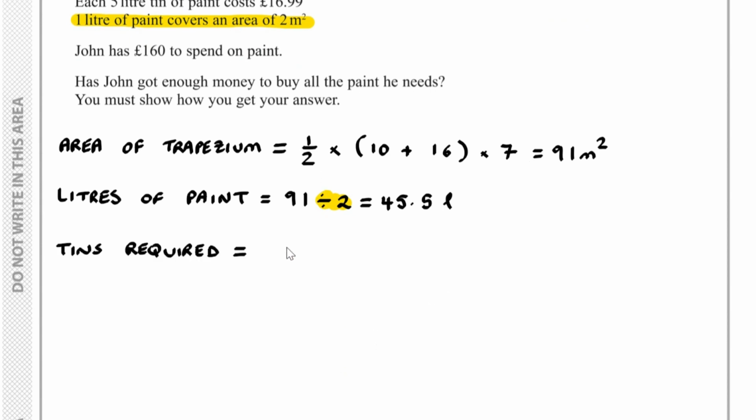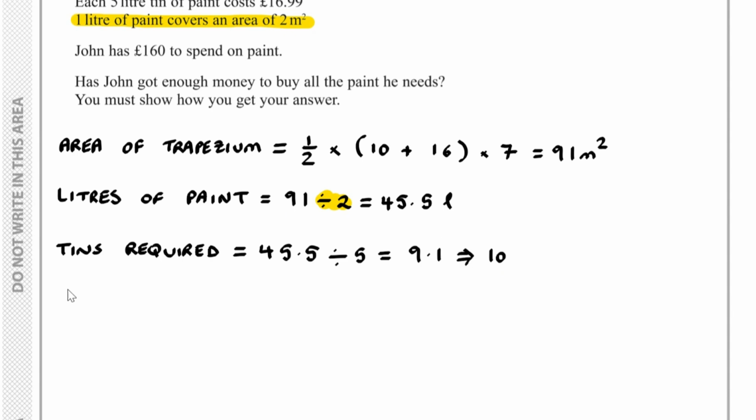So the number of tins we require, we have 45.5 divided by 5, which is 9.1, which means we require 10 tins.